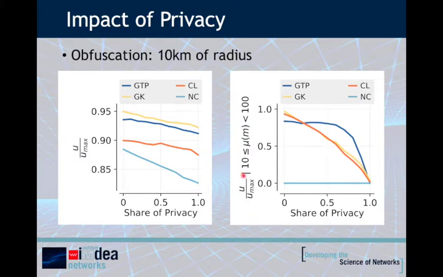If we look at the impact levels that are not at the top, not at the lowest level, we see that we are able to preserve and get messages from this impact level even with almost 70% of the vehicles being privacy aware. It is interesting that the naive approach doesn't get any of these messages at all.